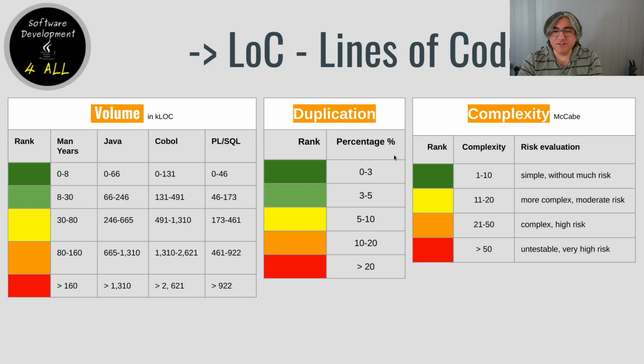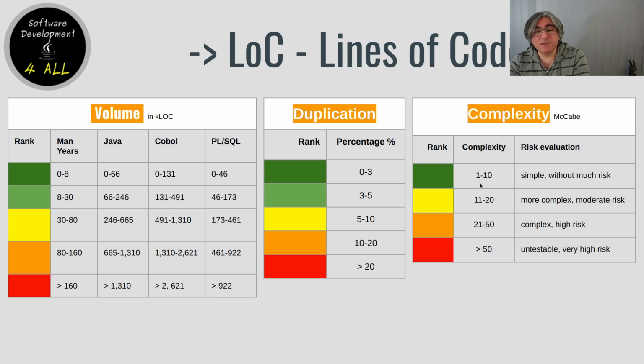So duplication, similarly also ranked, 0 to 3% is green, 3 to 5% light green, a bit more complex, moderate risk, 5 to 10 more complex, and let's see, duplication 10 to 20 is high risk, and above 20% of duplication unstable.